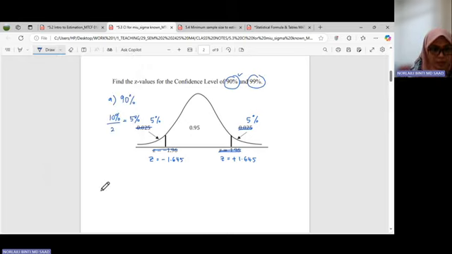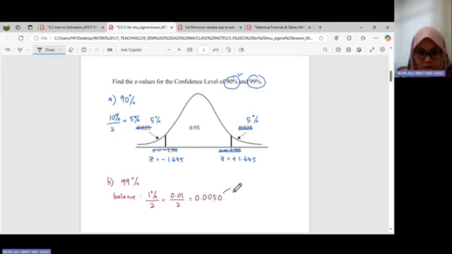For a 99% CI, the balance will be 1%, right? The balance of 1%, you need to divide by 2. So here 0.01 divided by 2, you'll have 0.0050.